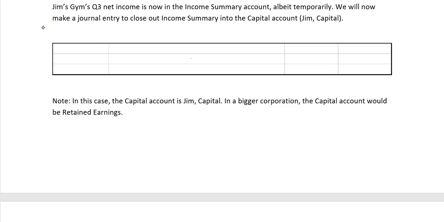To close the income summary account into capital, we have to debit it, as there's a credit balance currently sitting in the holding tank of $10,000, and we credit the capital account to move the entire lump sum in one shot to capital.